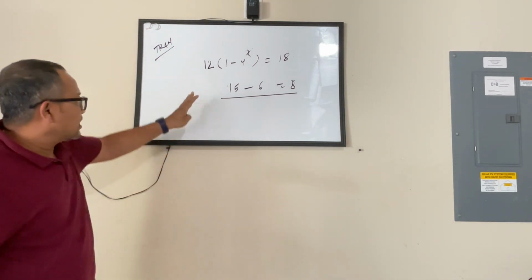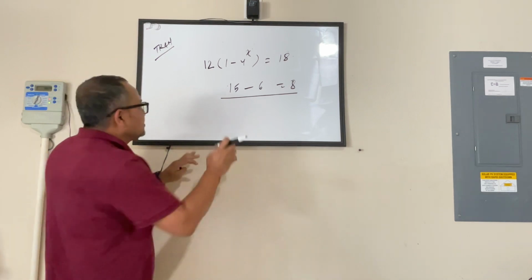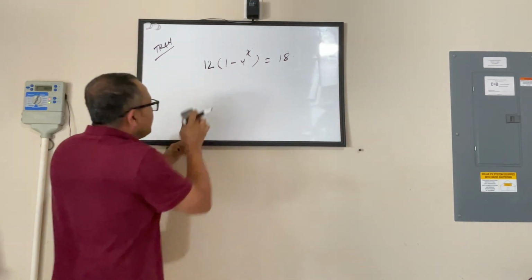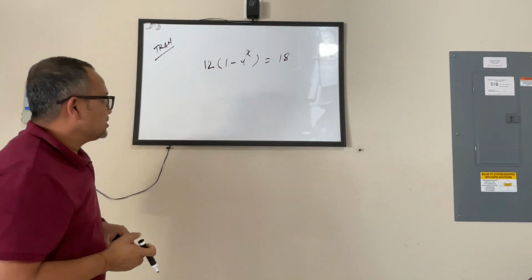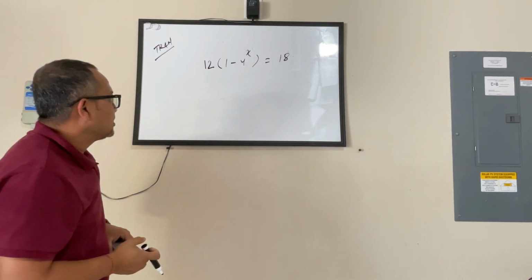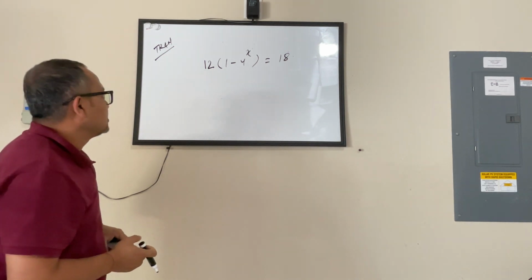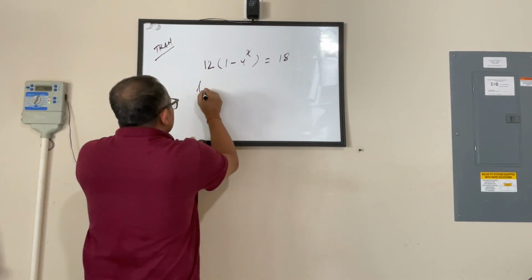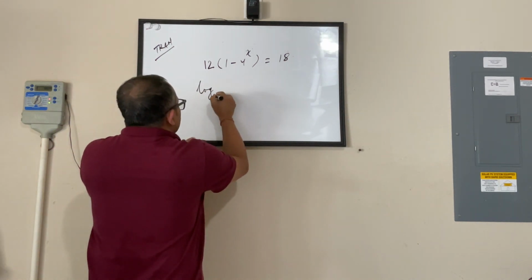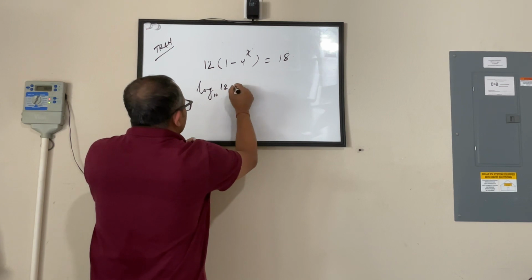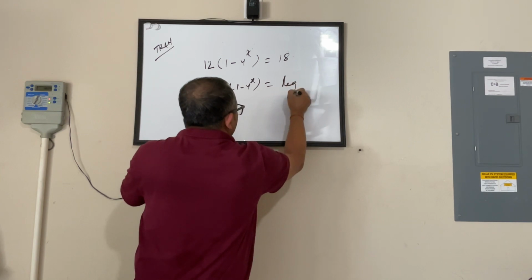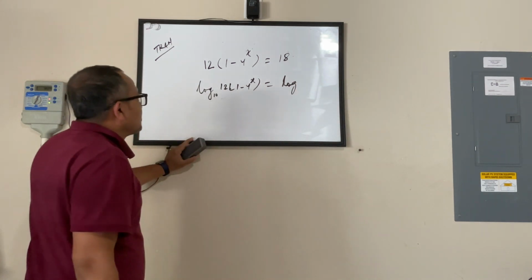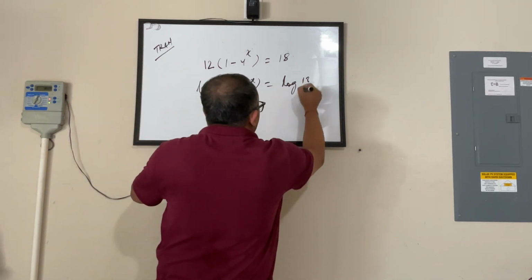Okay, now let's look at this one first. Let's try solving it. It says 12 times (1 minus 4 to the power x) equals 18. If I convert this into, let's say, log of base 10, log of 12 into (1 minus 4 to the power x) equals log of 18 base 10.